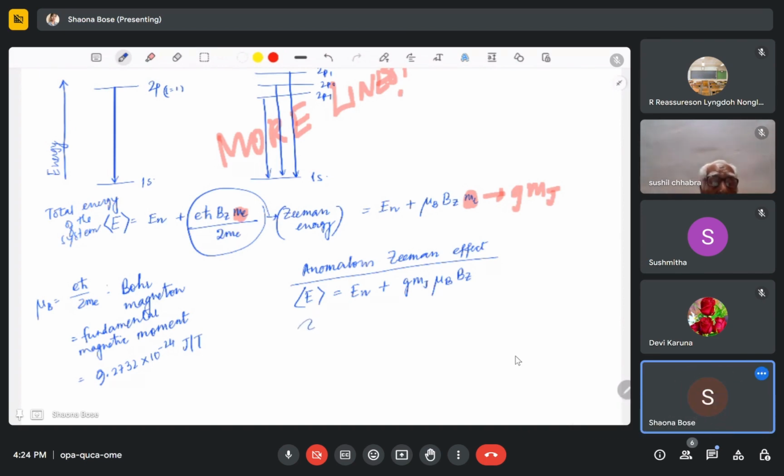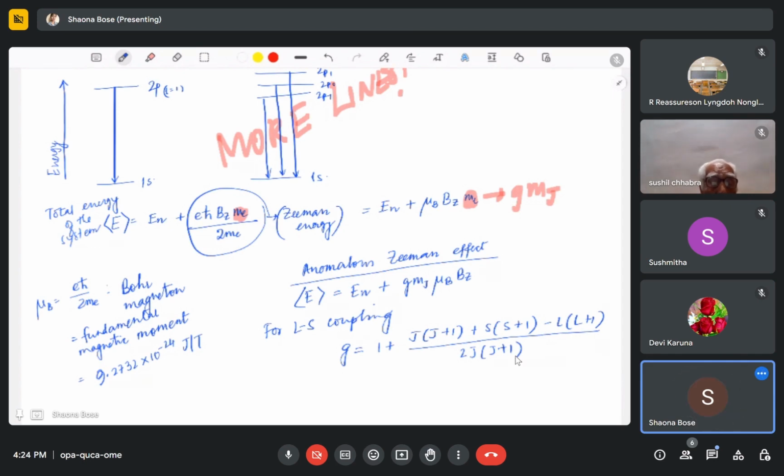So, you know that for LS coupling, g is given by 1 plus J(J plus 1) plus S(S plus 1) minus L(L plus 1), divided by 2J(J plus 1).